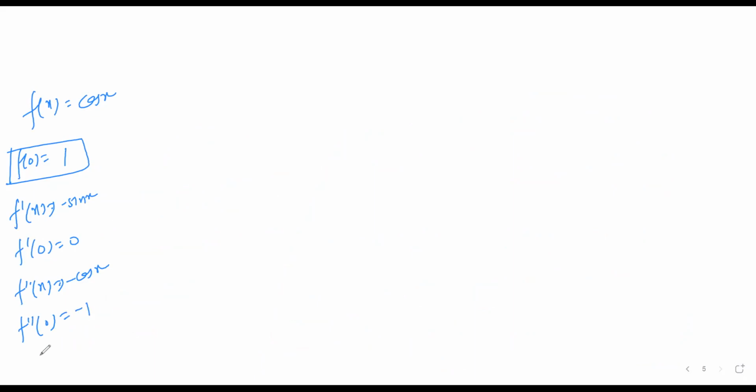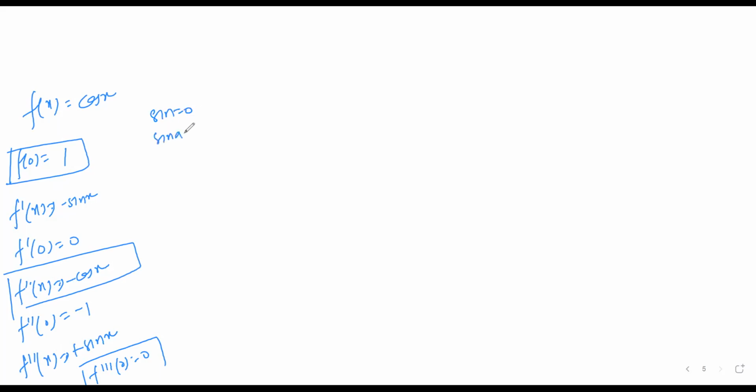And again, if you differentiate, f triple dash of x will be plus sin x. And f triple dash of 0 will be 0 because sin 0 is 0. You need to remember that sin 0 is 0, sin pi is 0, sin 2 pi is also 0.